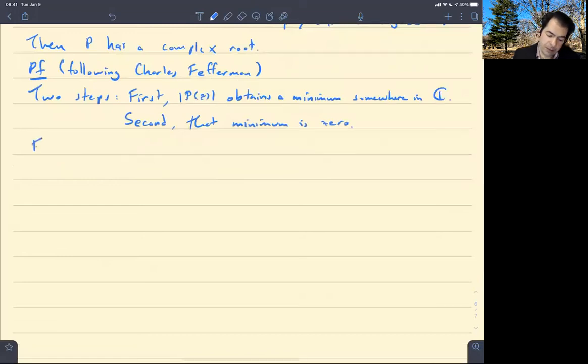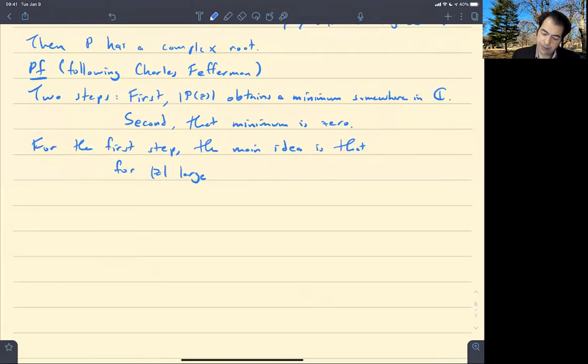So for the first step, the main idea is that for Z large in absolute value, the Z to the N dominates the other powers of Z, right?